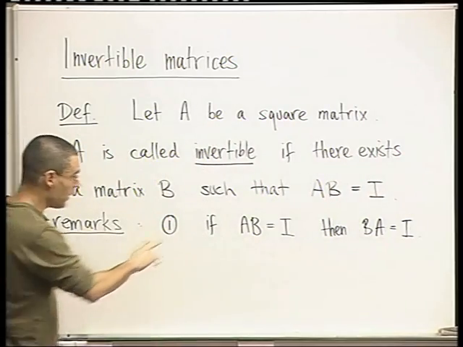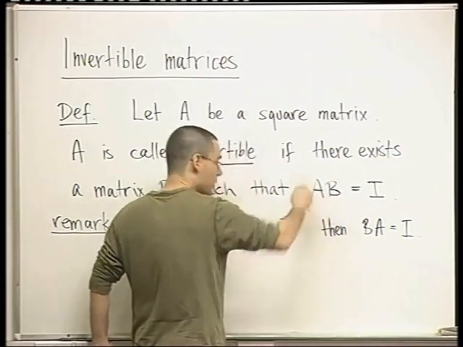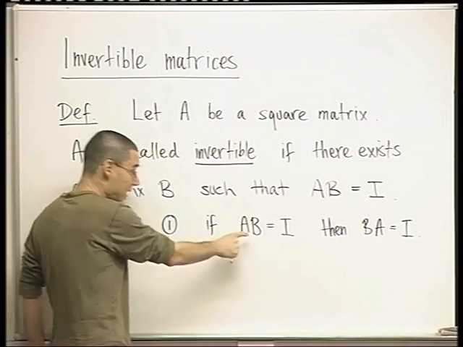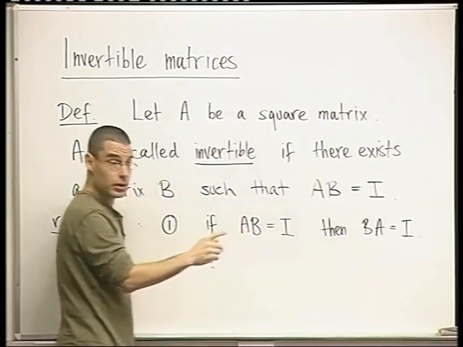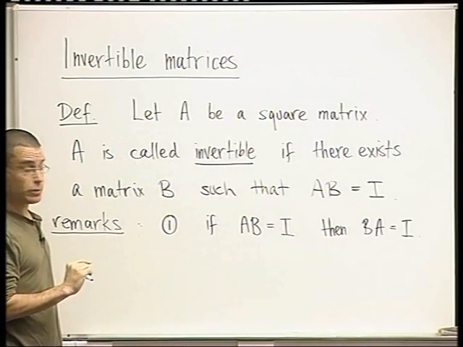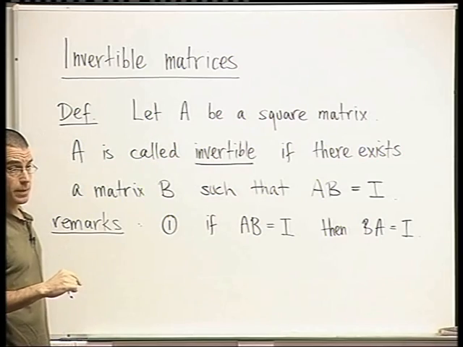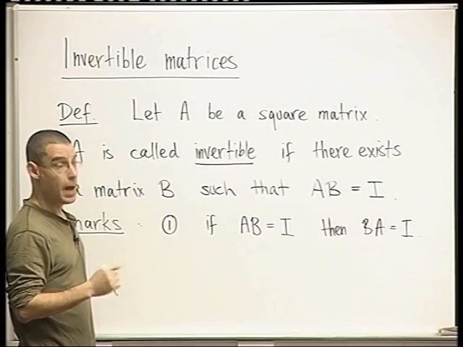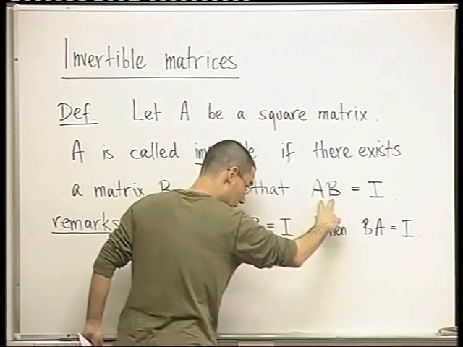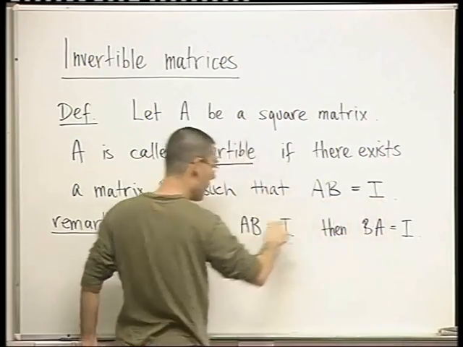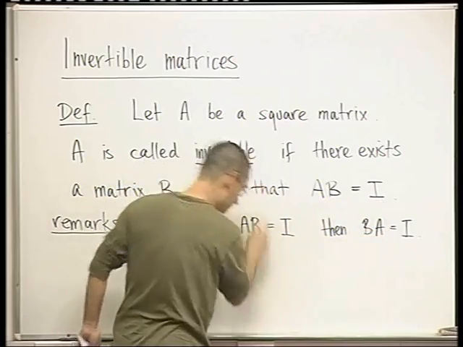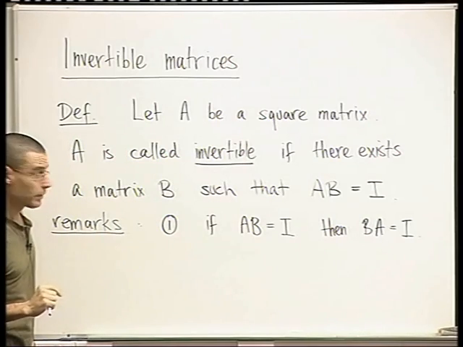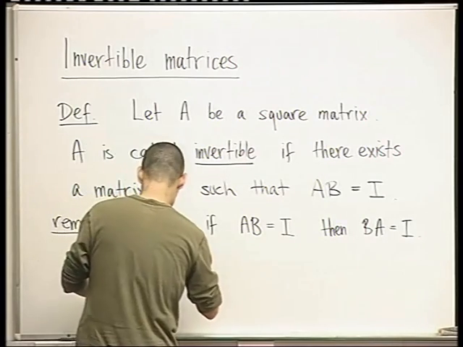Okay, so if there is such a B, in fact, it works for both sides. In general, remember that AB and BA could be two completely different things in matrices, even if they're square matrices. So there's no commutativity for multiplication of matrices. But if their product is the identity, then there is this commutativity just in the realm of invertible matrices. Okay, so that's the first comment.